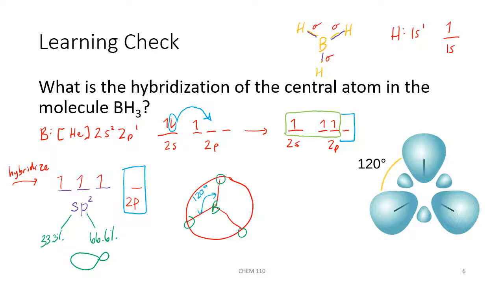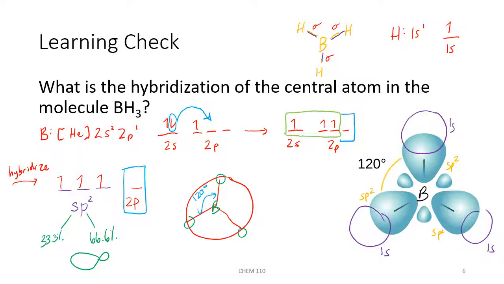And so our 3 sp2 hybrid orbitals on boron are each going to have 1 electron within them, and they will overlap with that 1s orbital on each hydrogen atom. So we'll have our 1s there, and these 3 are our 3 sp2 hybrid orbitals.